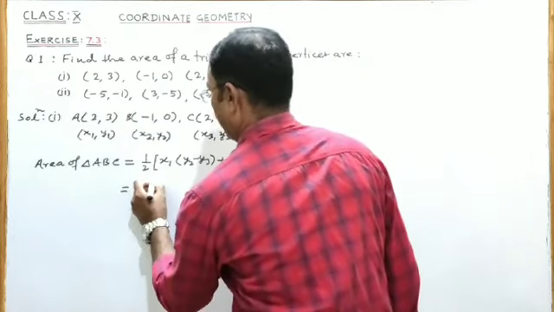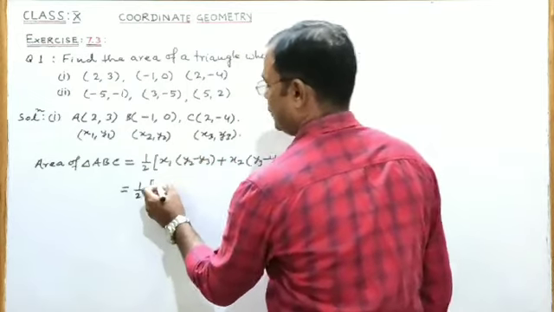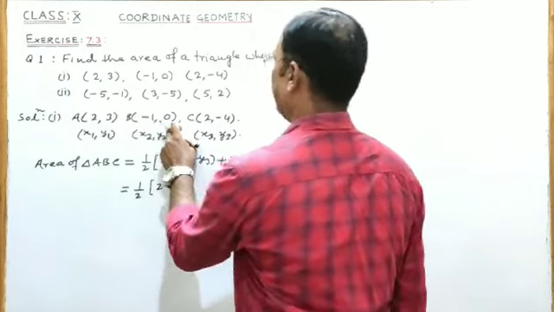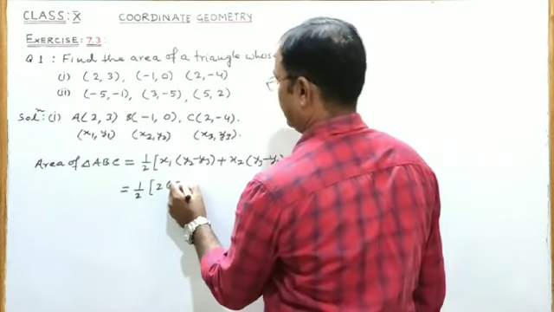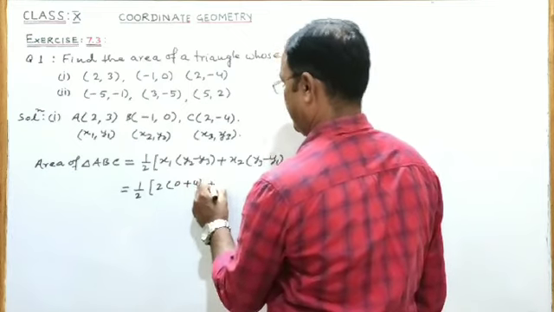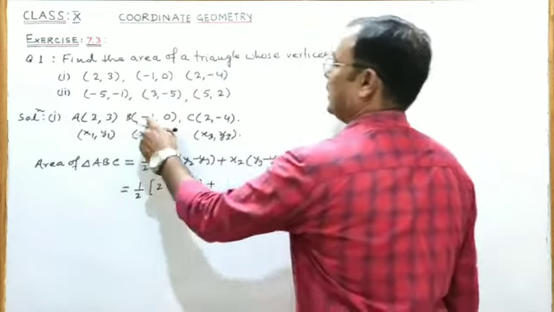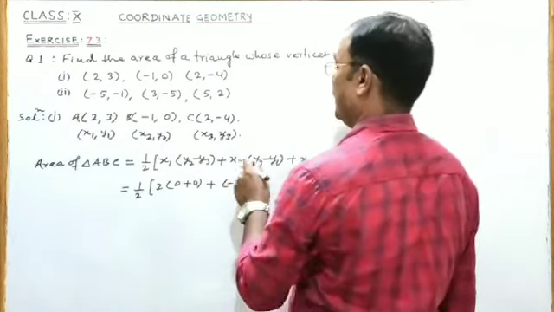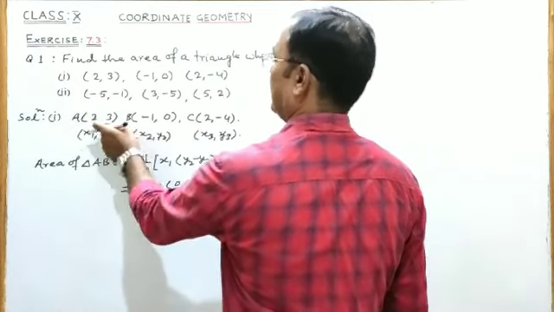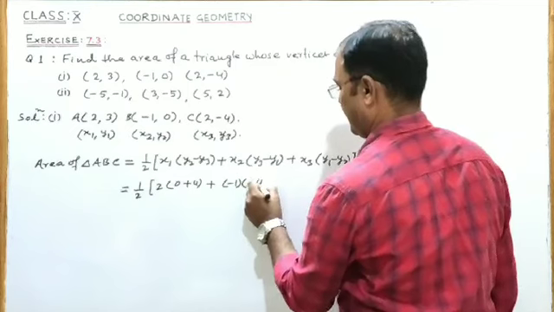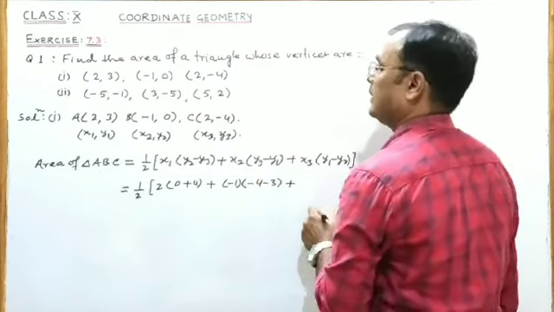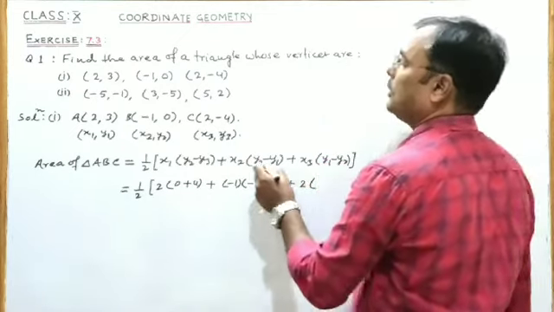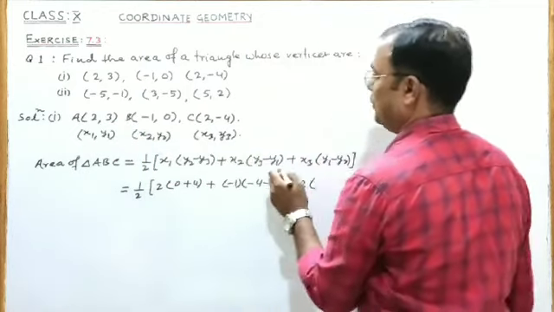So half into x1 is 2 into y2 minus y3, 0 minus minus 4, so 0 plus 4, plus x2 is minus 1 into y3 minus y1, so minus 4 minus 3, plus x3 is 2 into y1 minus y2, 3 minus 0.